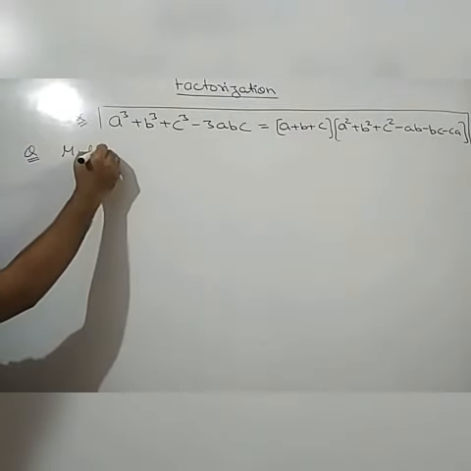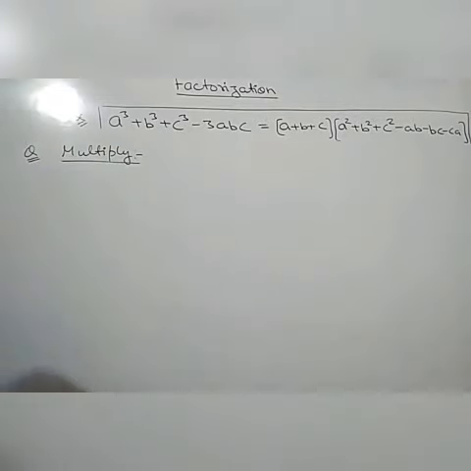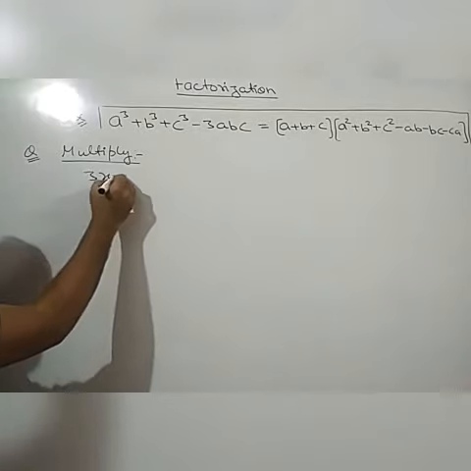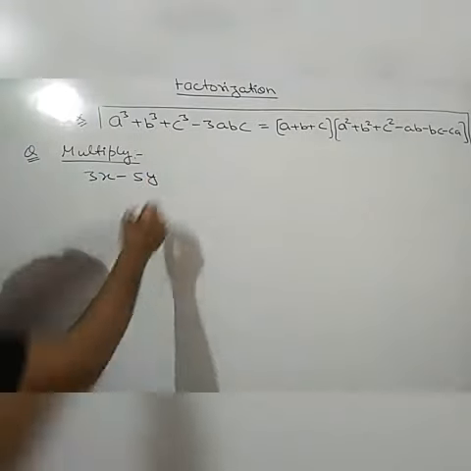Multiply. We have to multiply. What are the terms? The first bracket is 3x minus 5y minus 4.